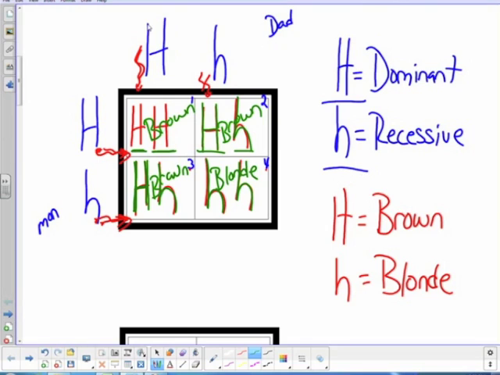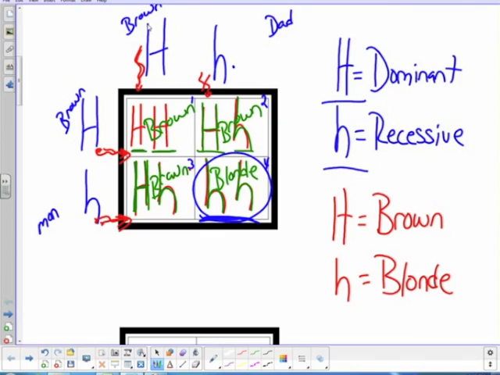So going back to the example of my wife and myself, I have brown hair. My wife has brown hair. However, my son has blonde hair. So by looking at my son, looking at our offspring, I know that I must be carrying an allele for blonde.